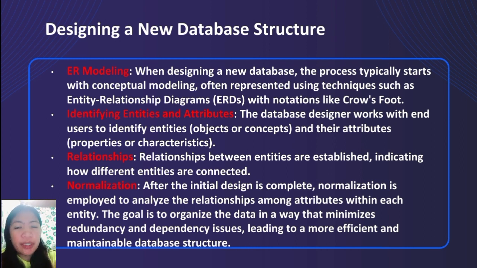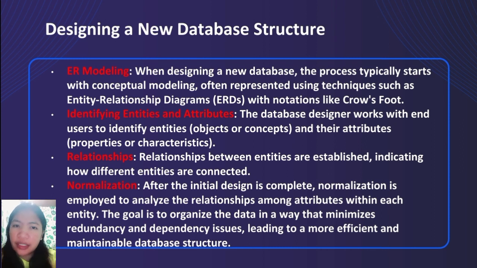In normalization, after the initial design is complete, normalization is employed to analyze the relationships among attributes within each entity. The goal is to organize the data in a way that minimizes redundancy and dependency issues, leading to a more efficient and maintainable database structure.